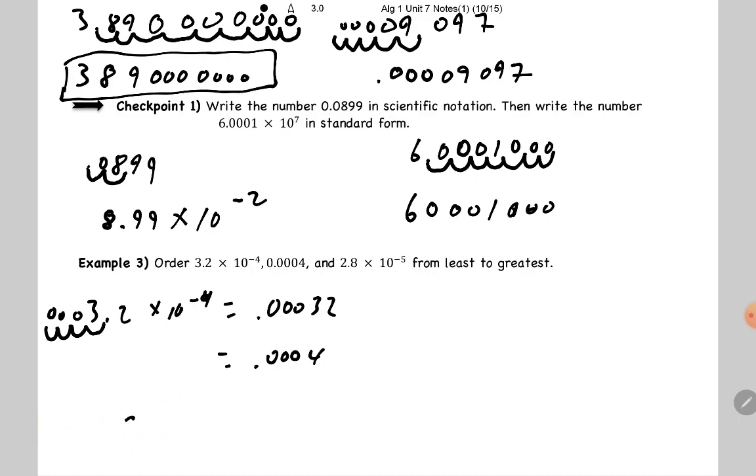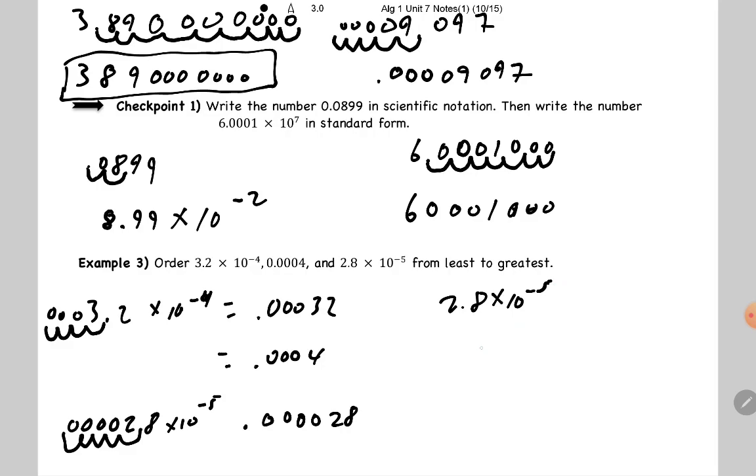Let's give myself more space. 1, 2, 3, 4, 5. So this is 0.000028. So from least to greatest, the smallest number is 2.8 times 10 to the negative 5th.